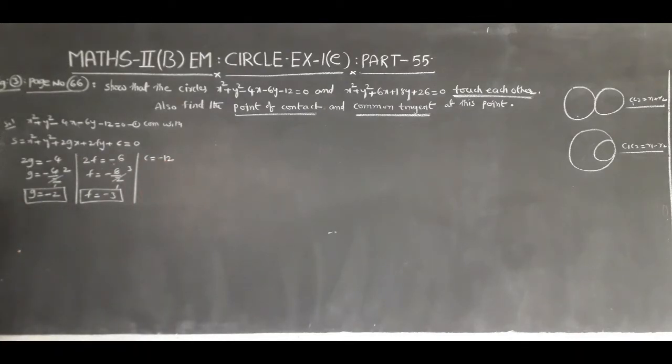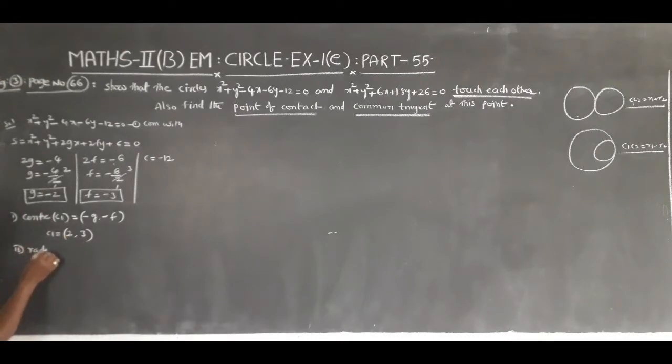First, the center of the first circle C1 is equal to minus g comma minus f. g is equal to minus 2, so minus into minus plus 2; f is equal to minus 3, so minus into minus plus 3. Here the center of the first circle is 2 comma 3.